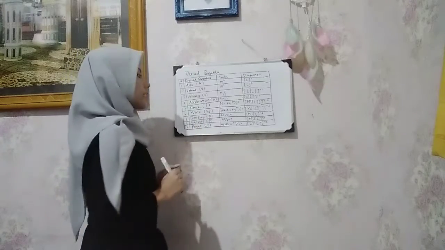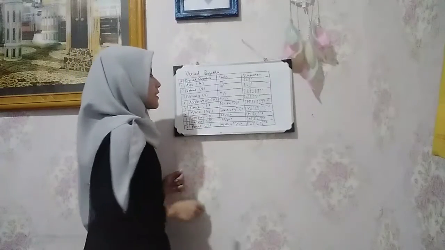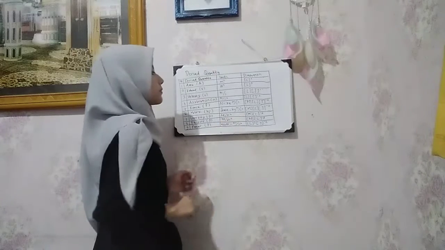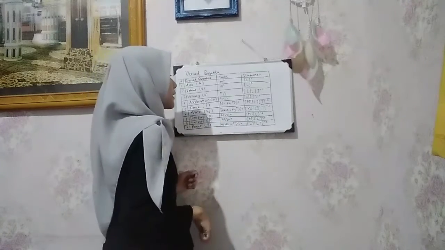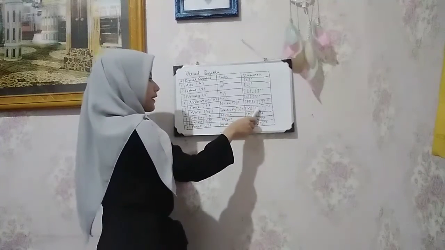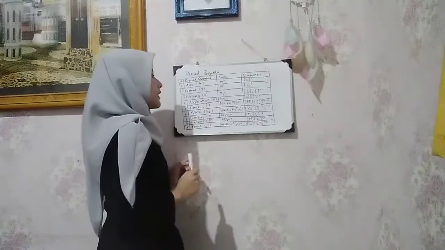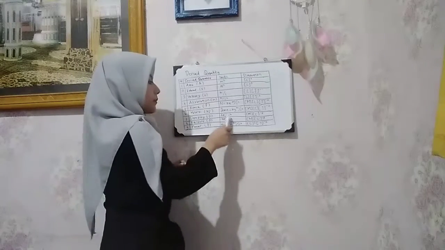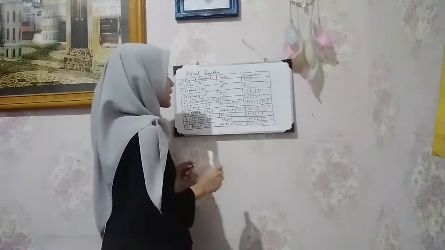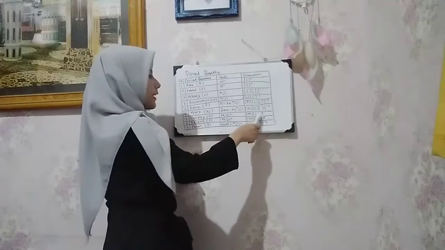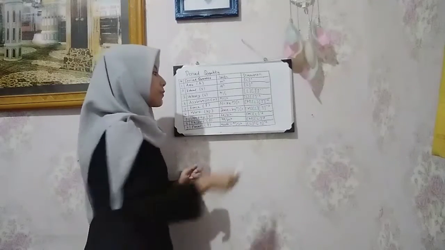Work. Unit is joule or kilogram meter per second square. Dimension is M L t to the power of -2. Density. Unit is kilogram per meter square. Dimension is M L to the power of -2.